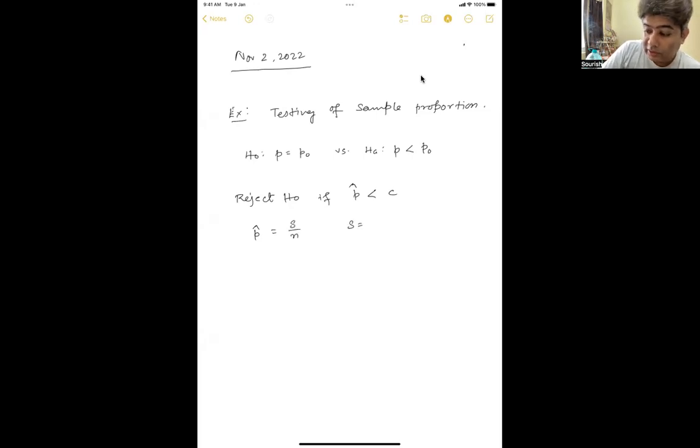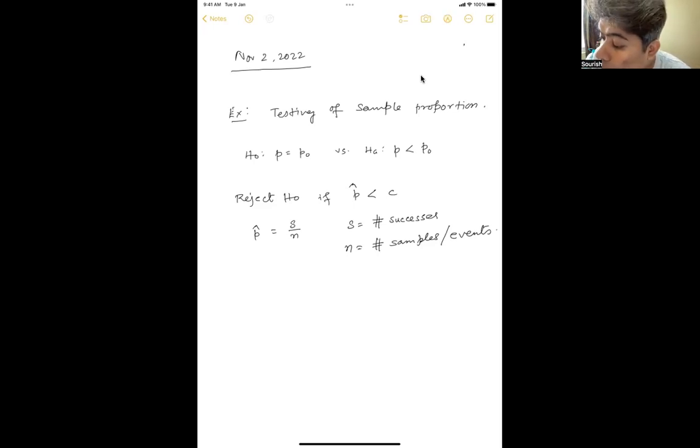S is the number of successes and N is the number of samples or events. Okay. Now what we do is we look into two kinds of error.